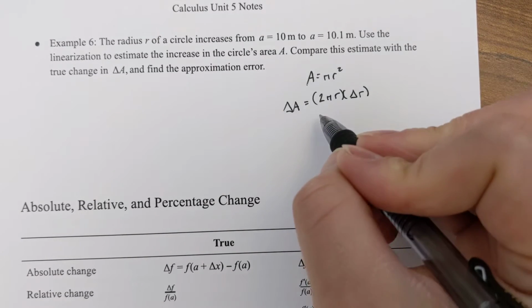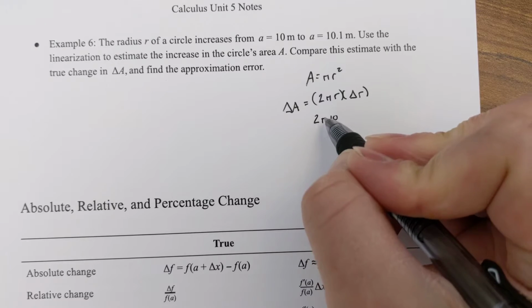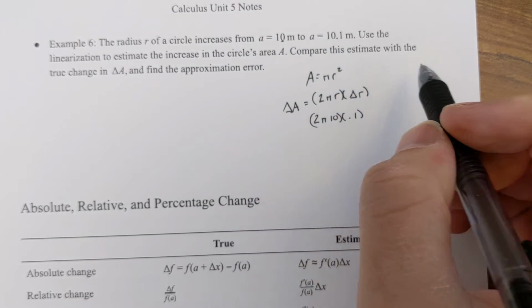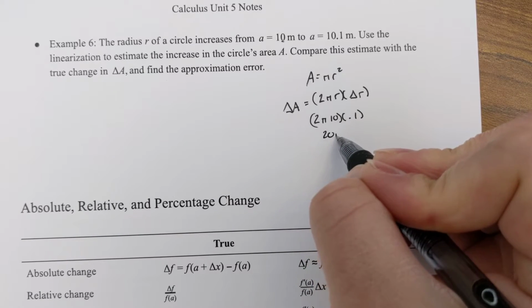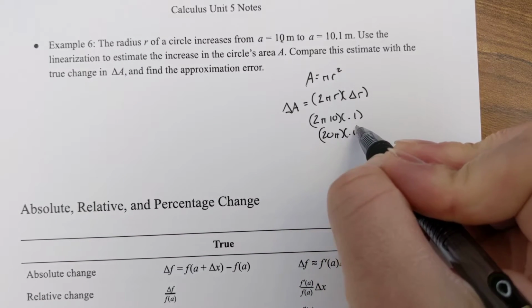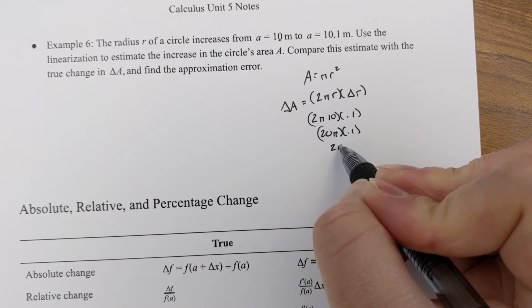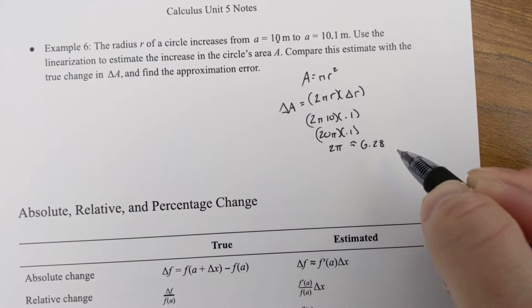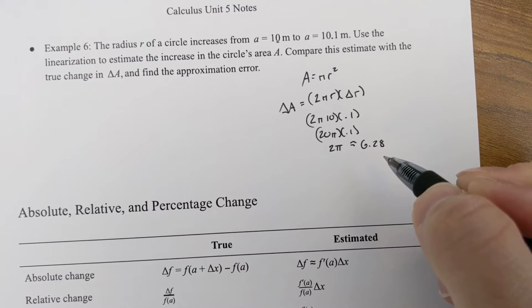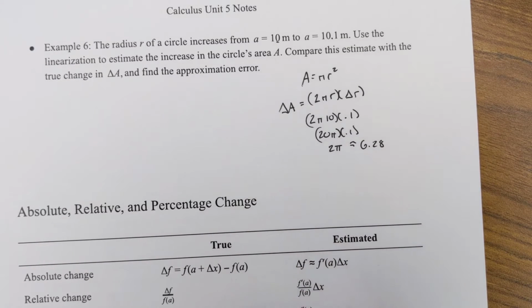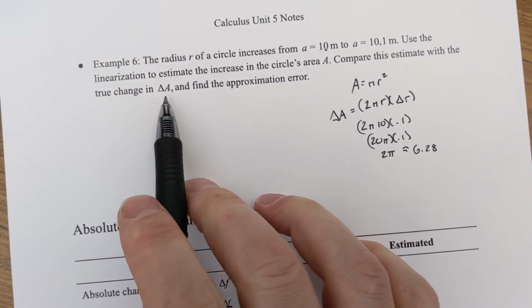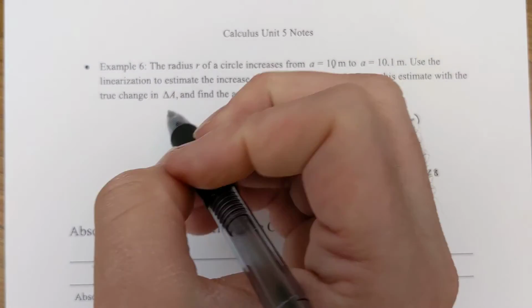Our radius is 10, so 2 times pi times 10. Delta r is 0.1, the difference between the two radii. So this is 20 pi times 0.1, so that's 2 pi, about 6.28. Now compare this estimate with the true change. The true change is we have to calculate the two areas.